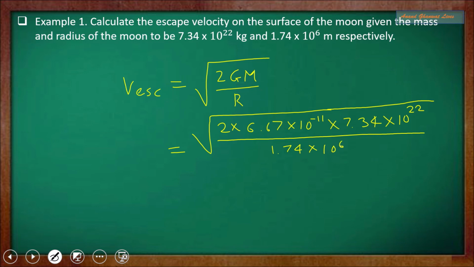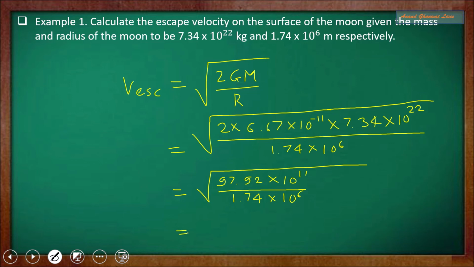So simplify this calculation. Multiply 2 into 6.67 into 7.34, it is 97.92 into 10 raised to negative 11 into 10 raised to 22, that is 10 raised to 11, upon 1.74 into 10 raised to 6.